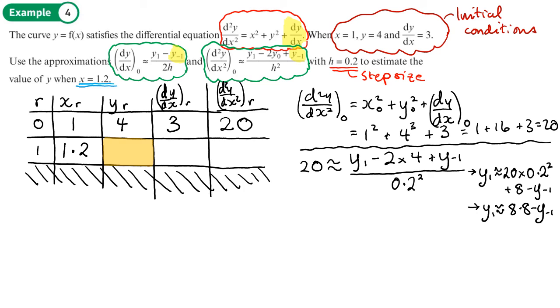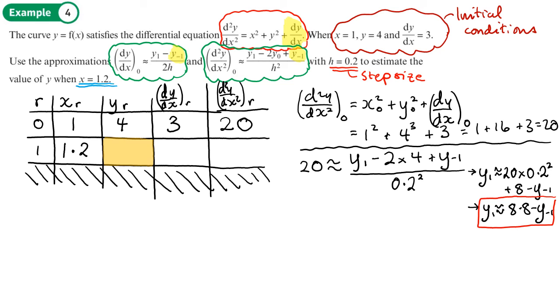Right, so that's my first equation. I will now use this one here and do something similar. Because my y negative 1 is unknown, I can just substitute it into the other equation.